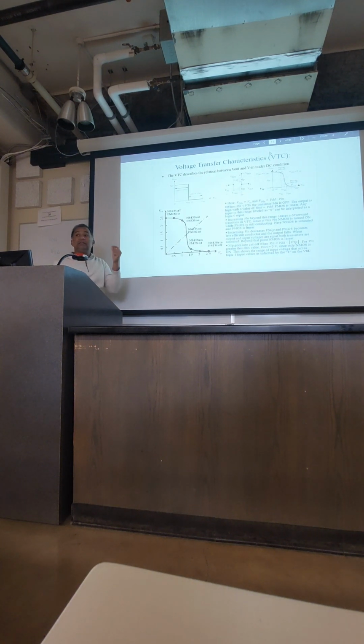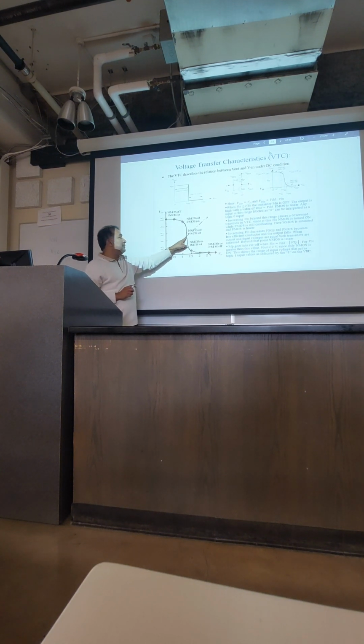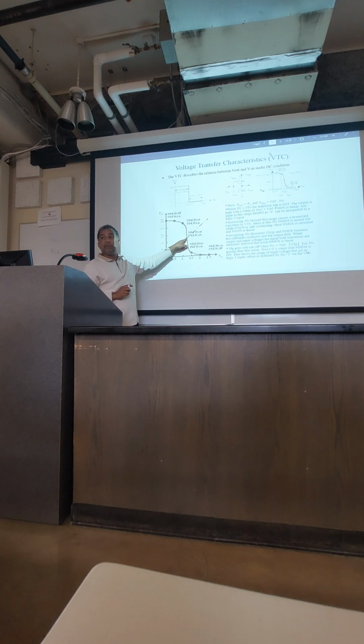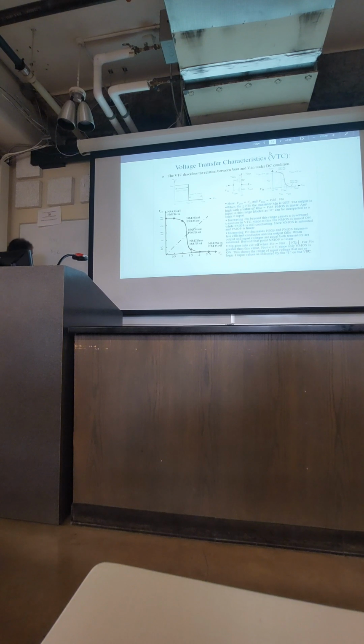Each transistor has its own transistor threshold voltage to turn it on. Switching threshold voltage is a parameter in the voltage transfer characteristics of any logic circuit. It is the midpoint of the voltage transfer characteristic transition, and the symbol for this is VM. VM is the switching threshold, the midpoint of the transition.